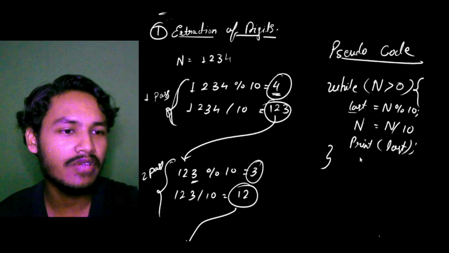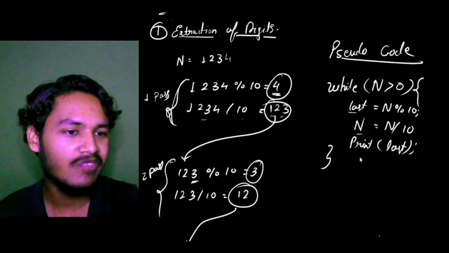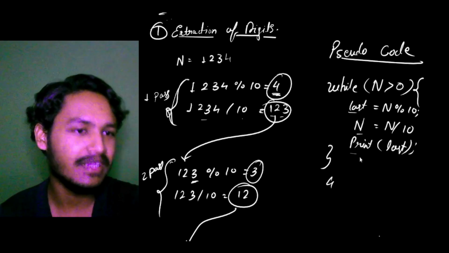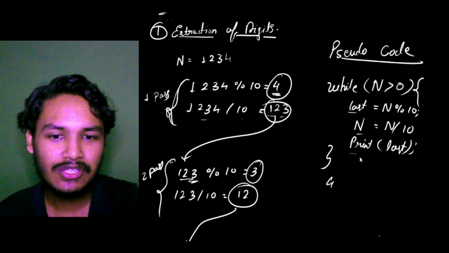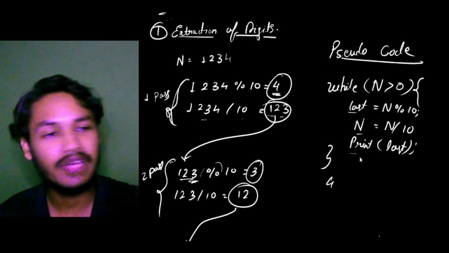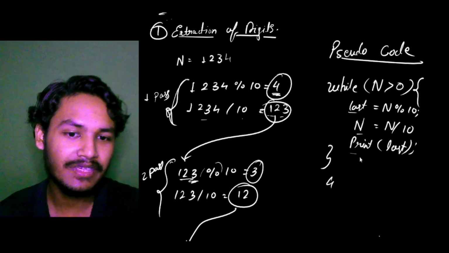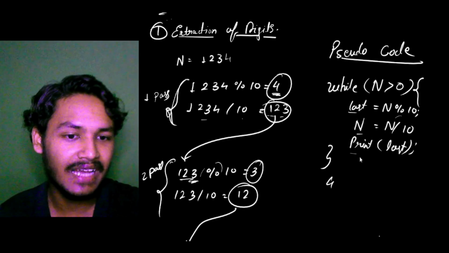Then we divide this number by 10, so we get 123, and we print the number 4. Then the while loop will run again, and again the number is 123, which is greater than 0, so after taking modulus by 10, we will get the last digit again.